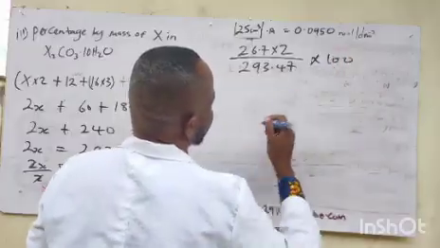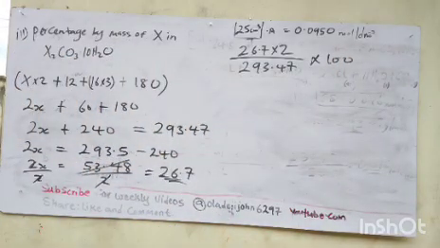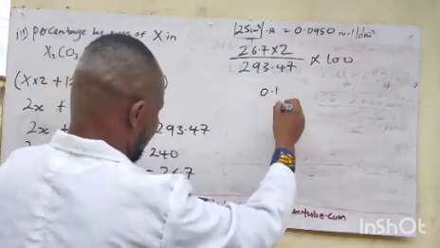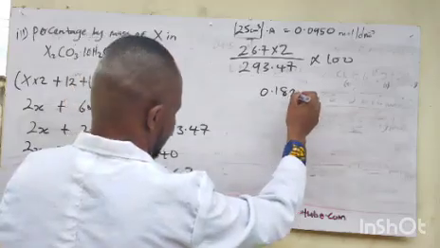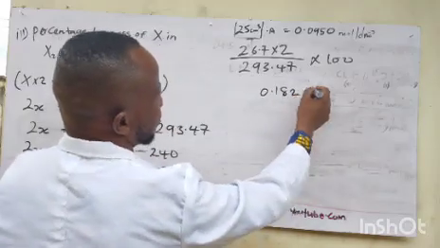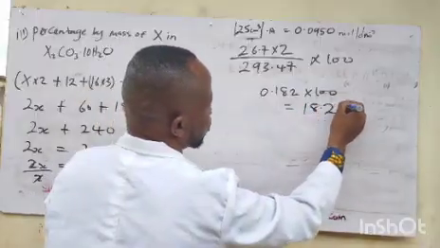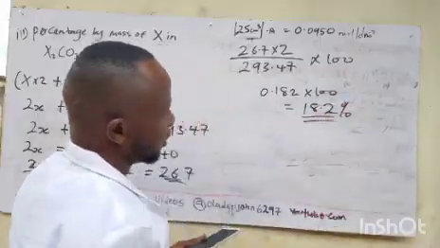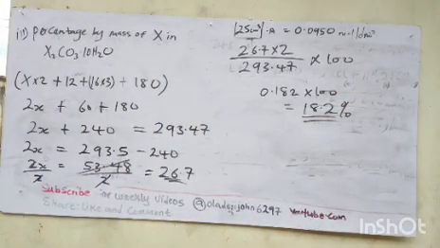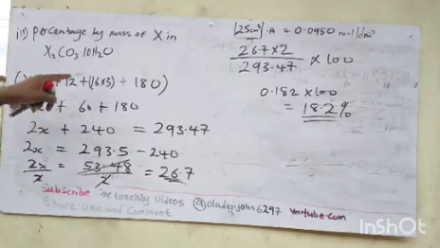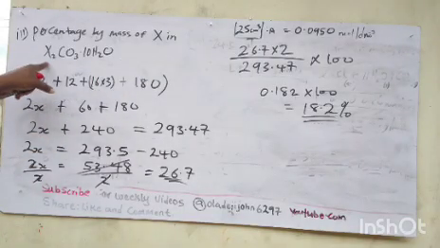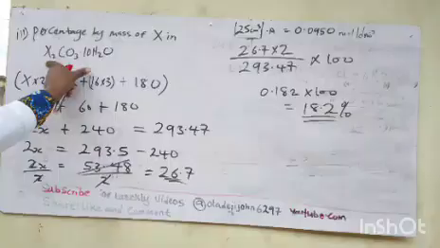Times 100%. So we have 0.182 times 100, we have 18.2%.